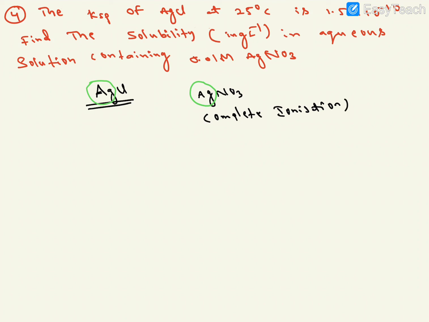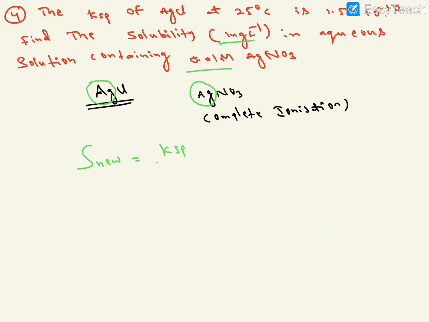What are they asking here? The KSP of AgCl at 25 degrees is 1.5 into 10 to the power of minus 10. Find out the solubility in grams per liter, a very important point, in an aqueous solution containing 0.01 molarity of AgNO3.